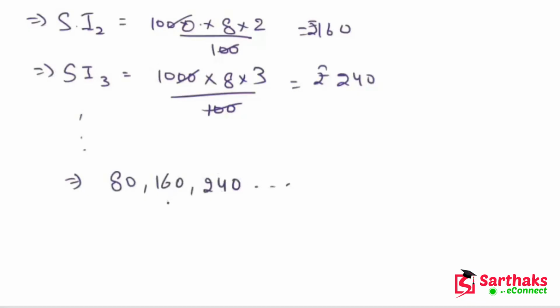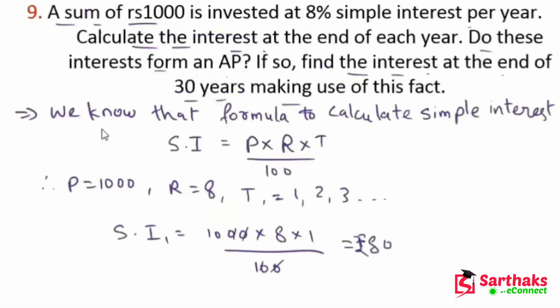It is an AP as the difference between consecutive terms in the list is 80. If you subtract, we get 80; from this also, the difference is 80. So in this case d is 80, and a is again 80. So this is our AP.